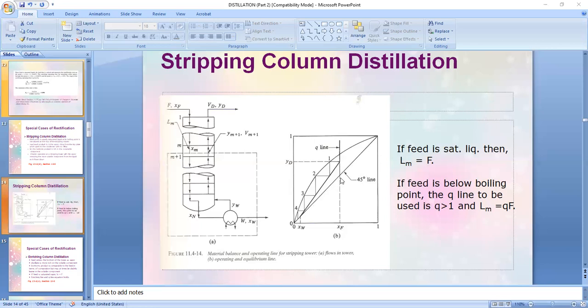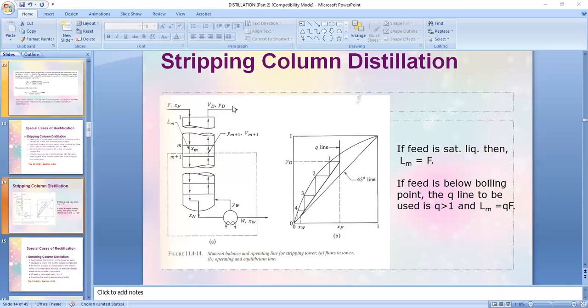Now, when you draw your stripping section operating line, this line, you also start with the x sub W. That's the mole fraction of the more volatile component in the bottoms liquid. So you place that point in here. And based on the mole fraction of the more volatile component in the vapor, you're going to project that particular value right on the vertical line that you have drawn to represent your feed line.